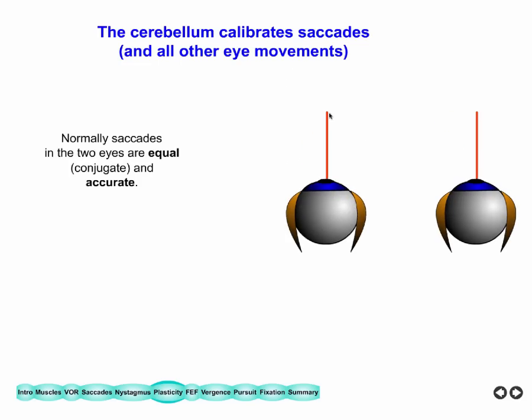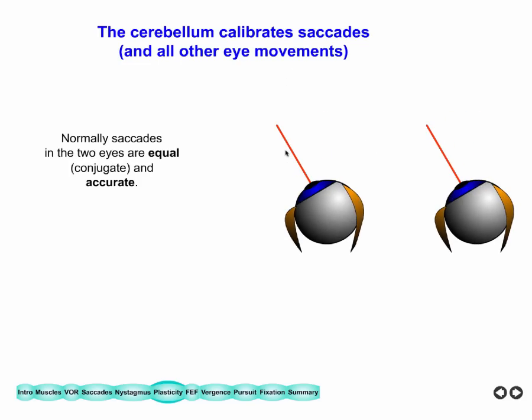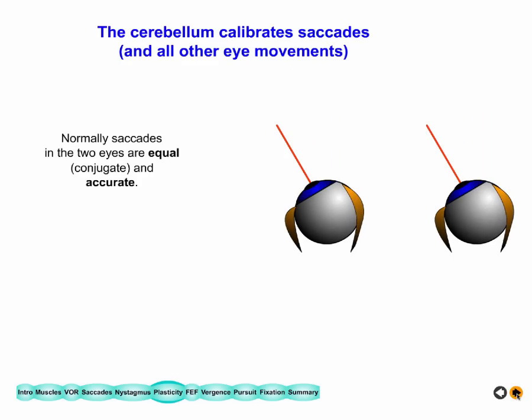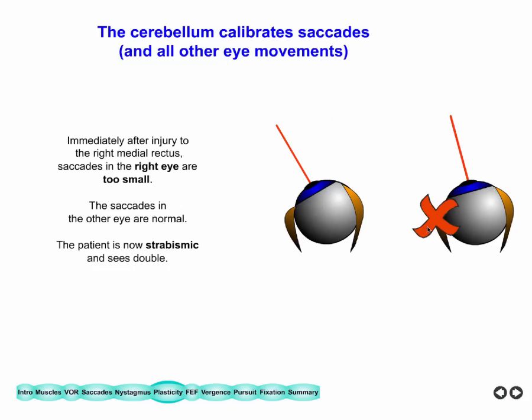These are saccades, and the eye, as we saw before, moves equally to the side. Okay? Now suppose this muscle were damaged for some reason. Okay? It's called a palsy. And when it does that, you can see that this eye's pointing this way, but this eye's pointing at a slightly different position.